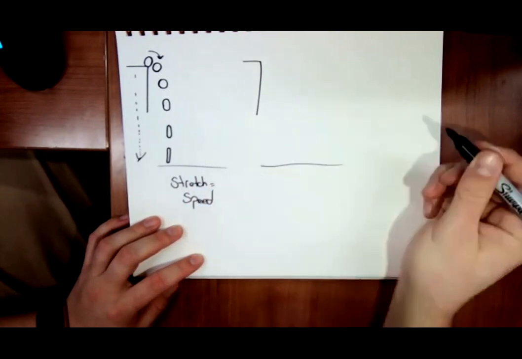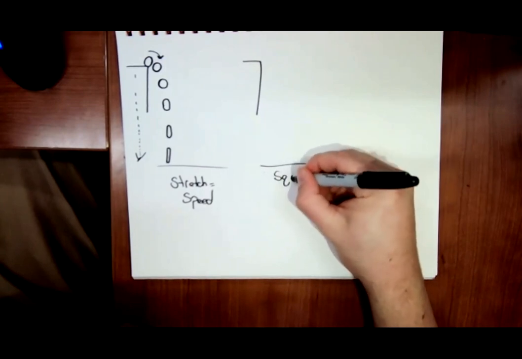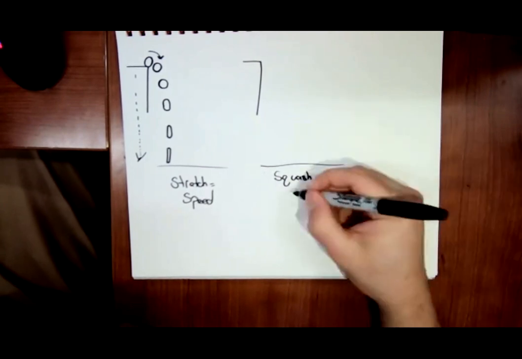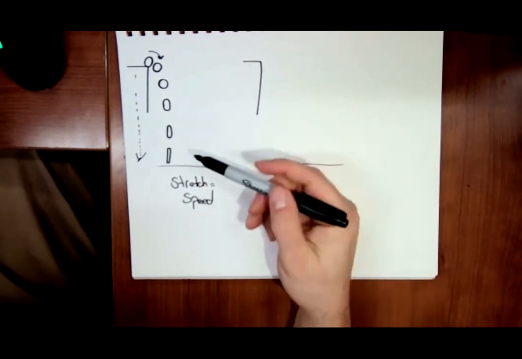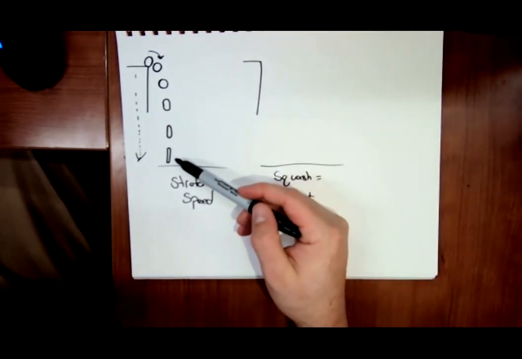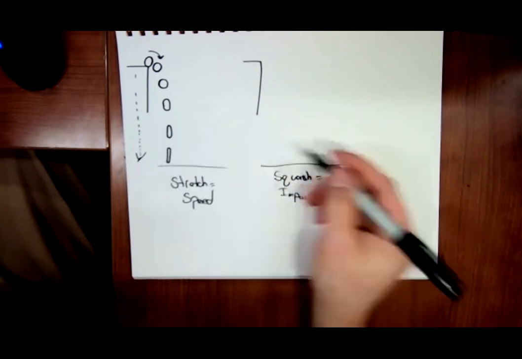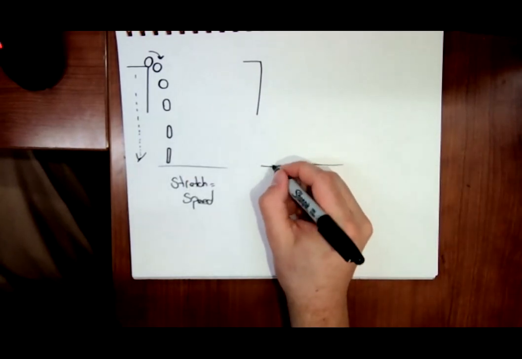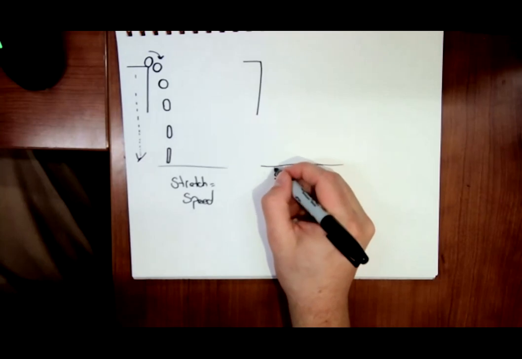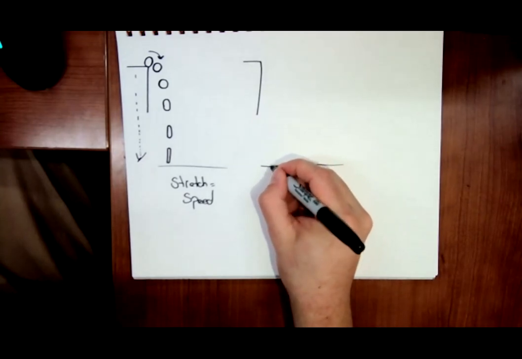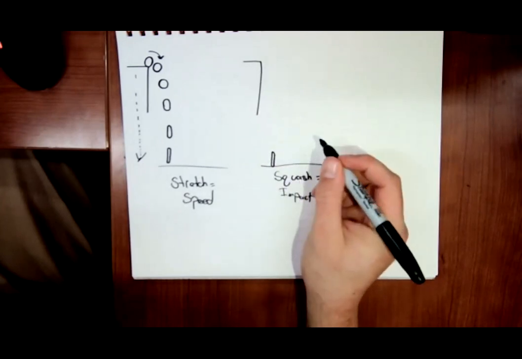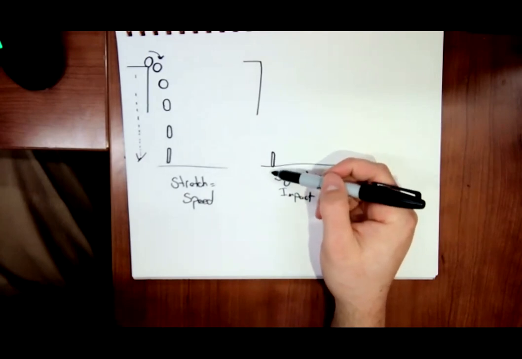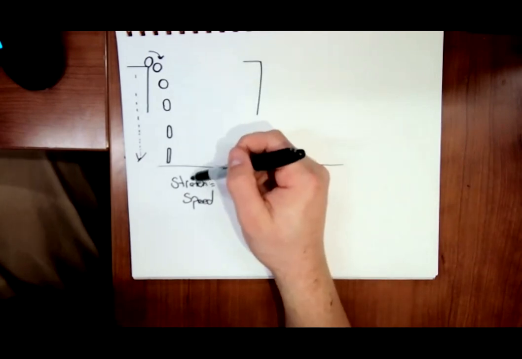And then over here is going to be our squash equals impact. So we imagine our ball has picked up a considerable amount of speed right before it hits the ground right here. Once it hits the ground, it's going to continue that speed. So we have our impact, something like this.